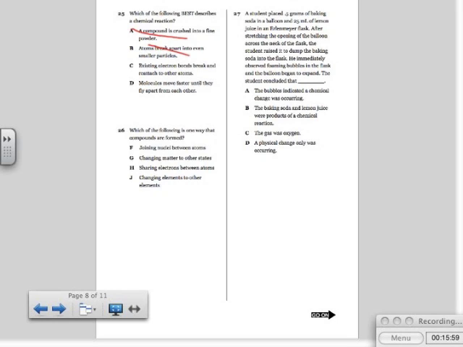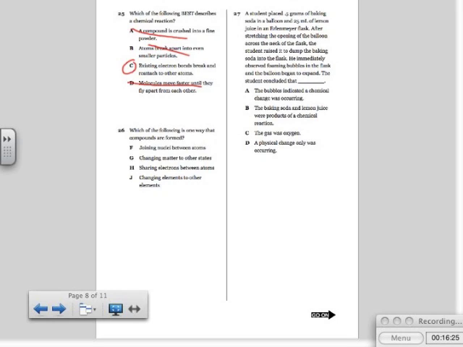No. Letter C says, existing electron bonds break and reattach to one another or other atoms. That is true. Molecules move faster until they fly apart from one another. No, that's just simply energy being added, like heating a substance up. So that's not it.